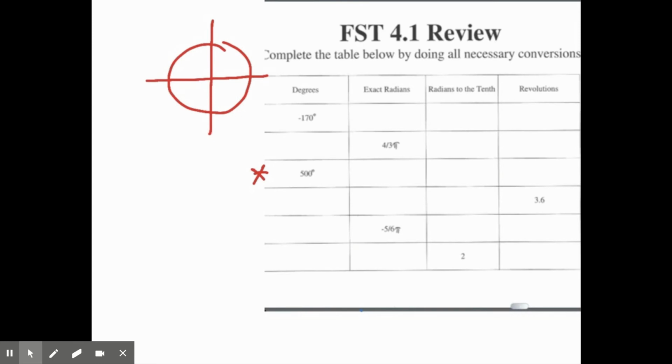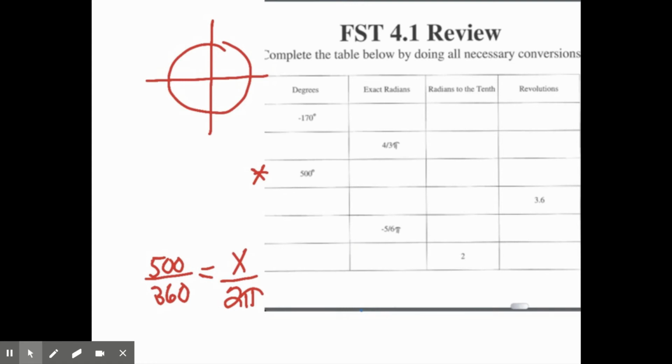Keep in mind, first of all, you can always do the proportion. So what you could do is say 500 degrees over 360 is always going to be equal to something over my 2 pi radians. Simplify your fraction of 500 over 360, multiply both sides by 2 pi.